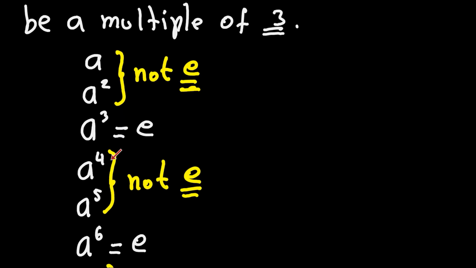Now, A to the 4 and A to the 5th cannot be the identity, and the reason for that is because of the corollary. If this was the identity, then this exponent must be divisible by 3, but it isn't. Same thing for 5. A to the 5th cannot be the identity because if it were, then this exponent would have to be divisible by 3.